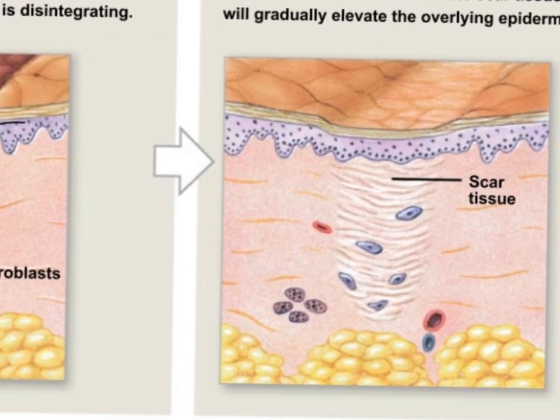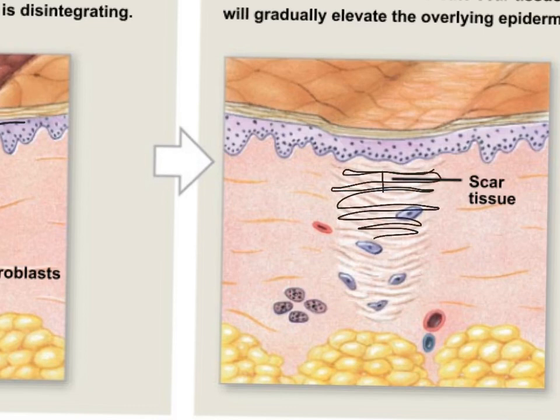Finally, all these fibers have filled in underneath that epidermis, and it's pushing the epidermis back up. A person will still see a little indentation for quite a while, maybe a year, before that scar starts to disappear.